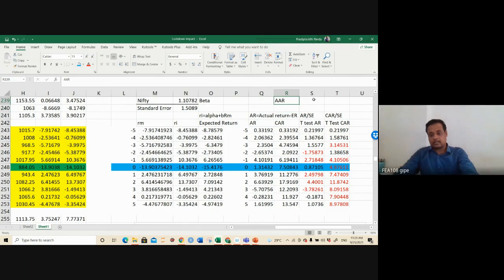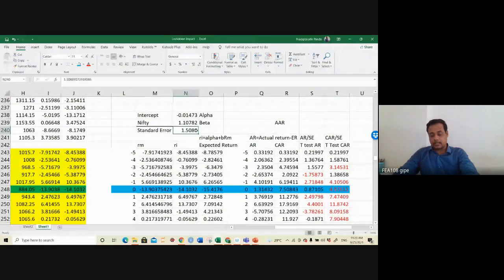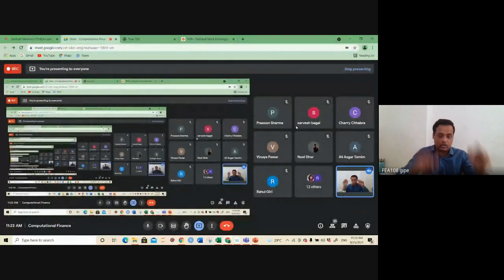Now you calculate the cumulative average AR. The standard error you can also average, then you come out with an AAR that represents the whole of the 50 companies or 100 companies or 1000 companies. There are papers that have studied dividend announcements and stock splits on 1000 companies also.